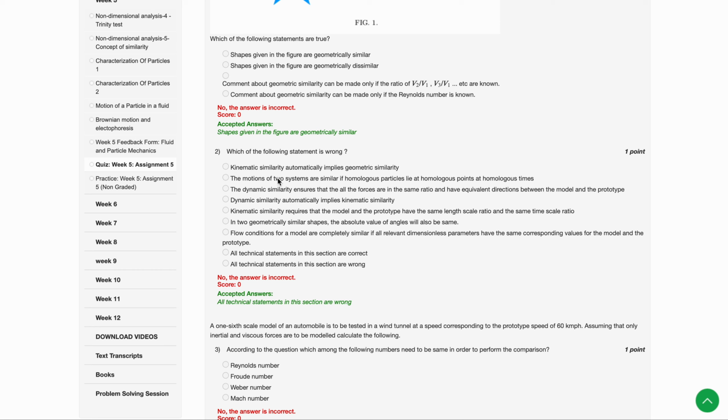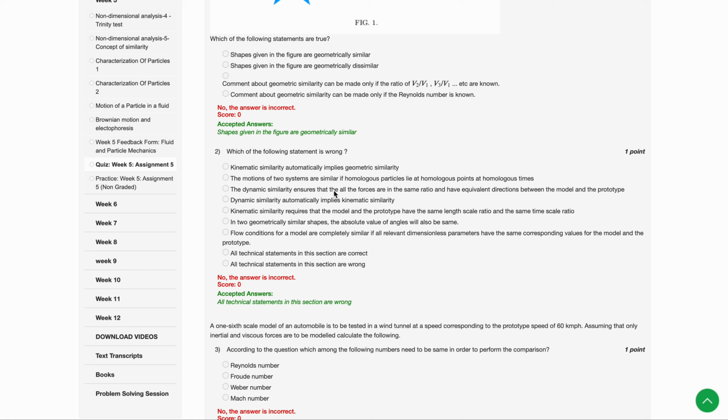The motions of two systems are similar if homogeneous particles lie at homogeneous points at homogeneous times. Yes, that is true.